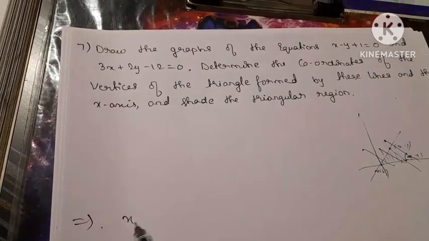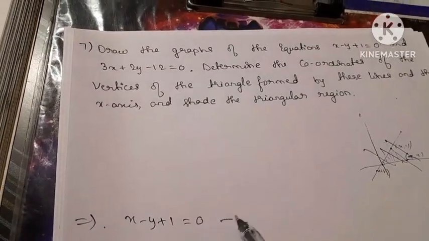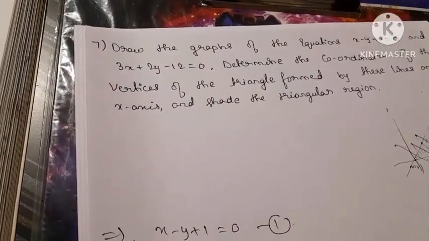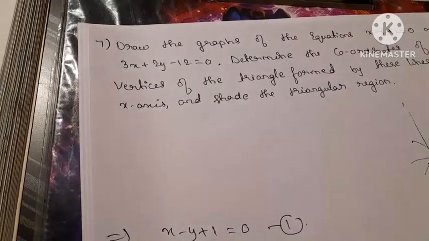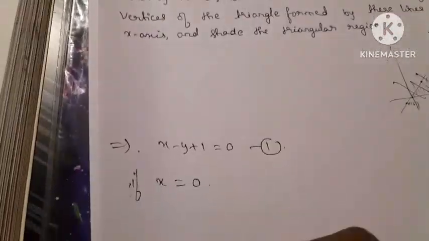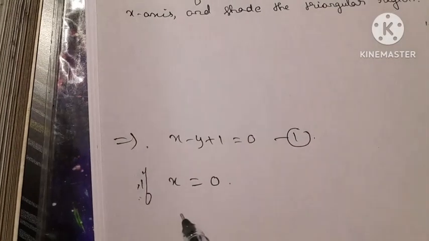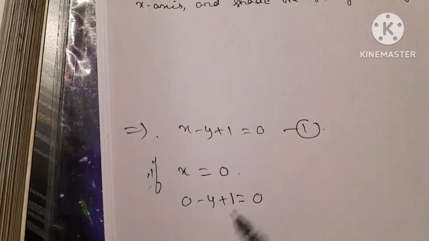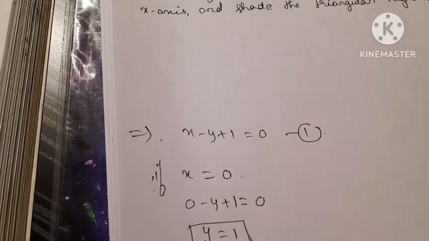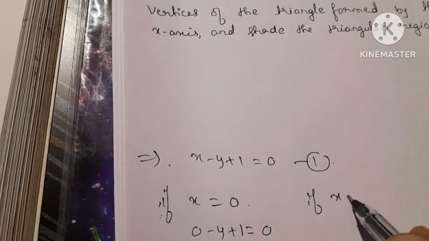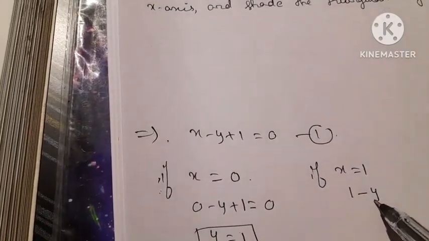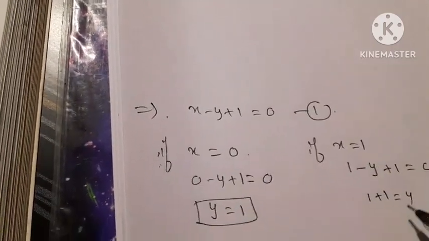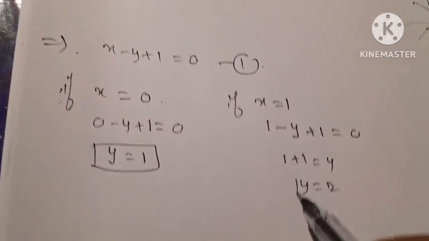So first equation, x minus y plus 1 equal to 0, equation 1. For this solution table we will get as, standard procedure, if x is equal to 0, then 0 minus y plus 1 equal to 0, minus y will send here, y is equal to 1. Now if x is equal to 1, then 1 minus y plus 1 equal to 0, minus y will send here, 1 plus 1 equal to y, and y equal to 2.